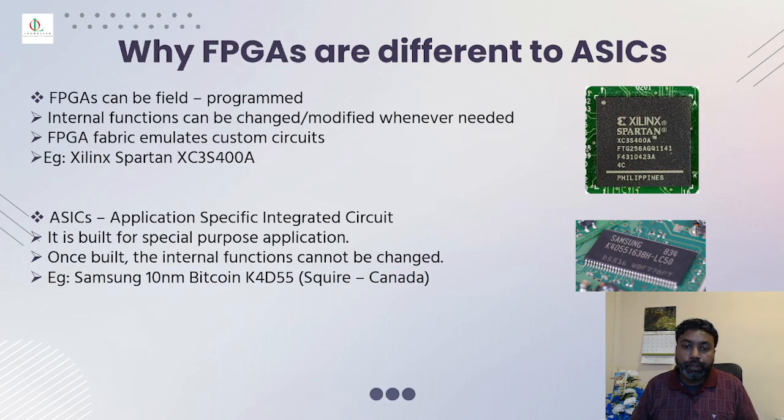This is the example I've shown: a company in Canada called Square combined with Samsung, and they came up with a Bitcoin processor. This processor, the K4D55, is a Bitcoin processor used just for Bitcoin operations. As I said, once built, the internal functions can't be modified. That's why there is a bit of a restriction with ASICs.